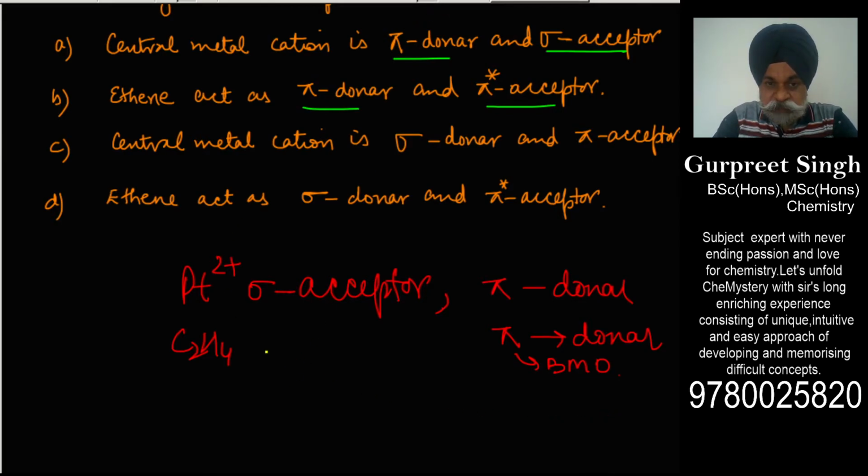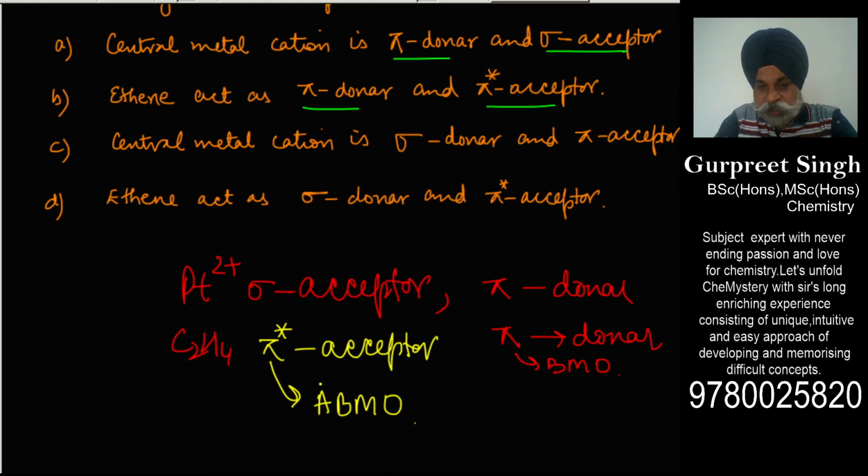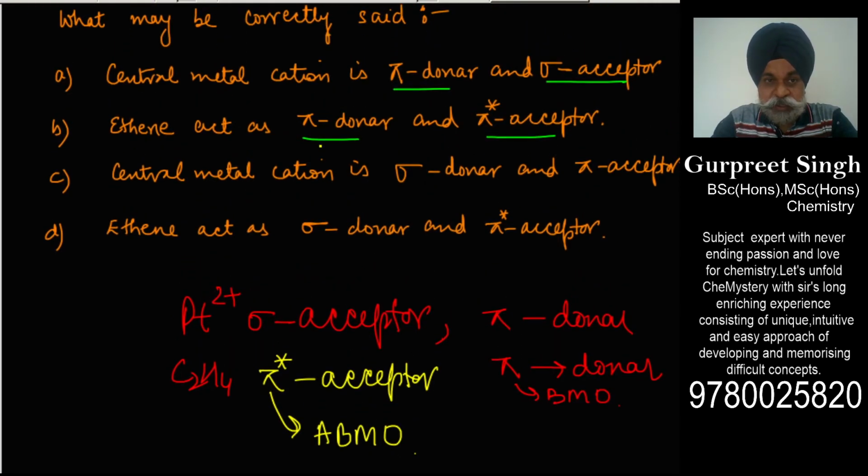And in terms of accepting, it accepts electron density back into its pi star anti-bonding molecular orbital. So the acceptor orbital of ethene is pi star, and the acceptor of platinum is sigma, which is a bit of confusion to a child. So if I talk of the options available, the central metal cation is pi donor.